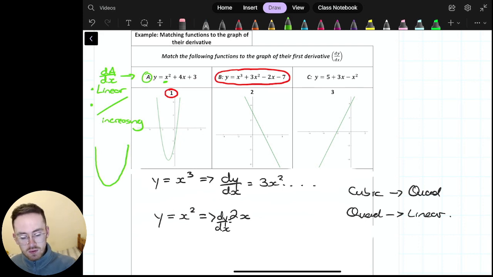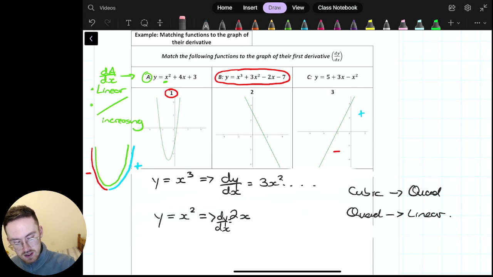It means that it starts decreasing and then finishes by increasing. In terms of our line, we are looking for a line that starts negative but ends positive. If we look at our two lines, this one over here starts in the negative below the x-axis but ends in the positive.